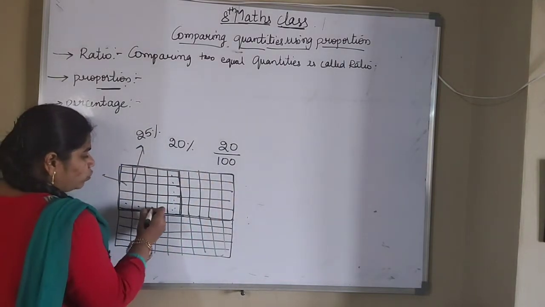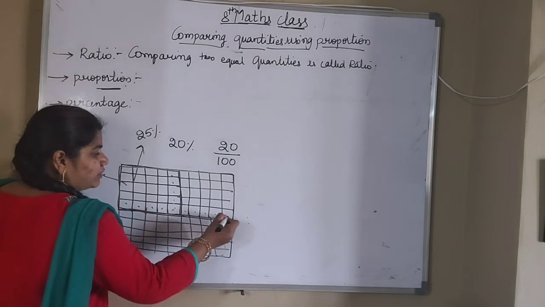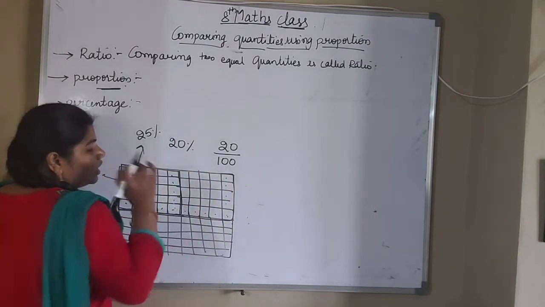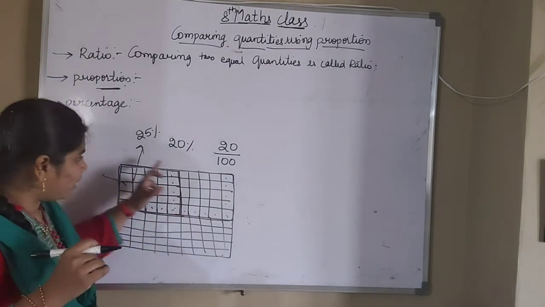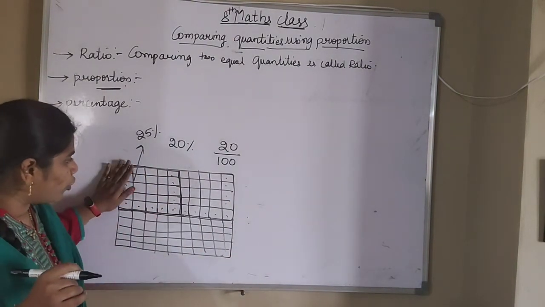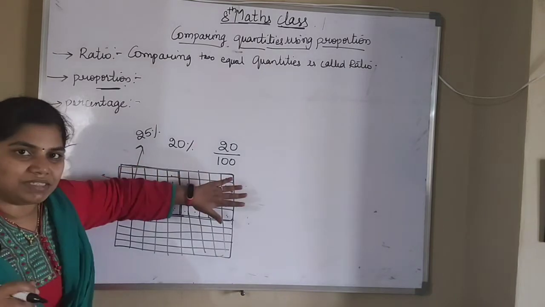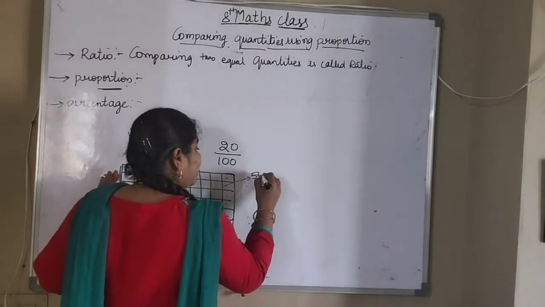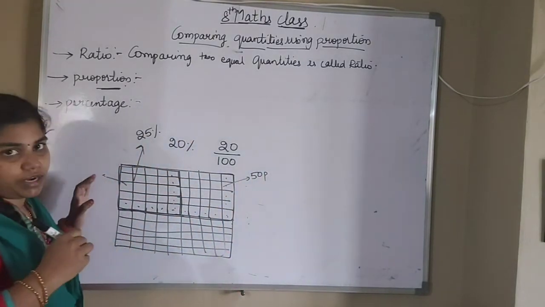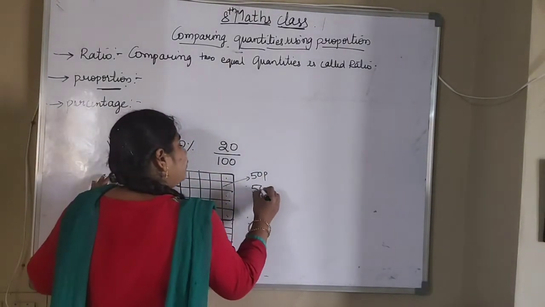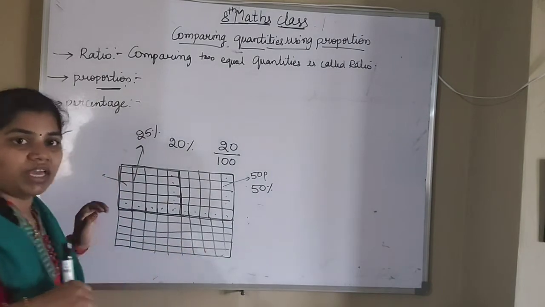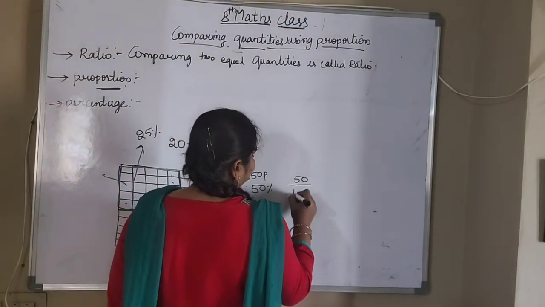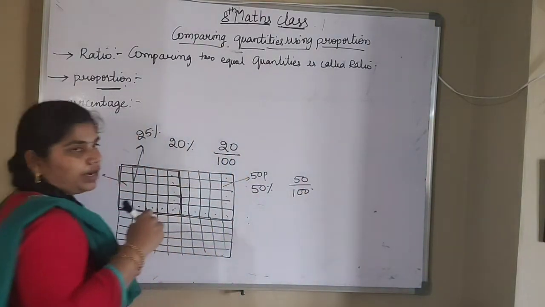So from 100 pieces I am eating 50 pieces of chocolate. That will be 50%. So percent is nothing but by 100, and we can write that as by 100 into 100.